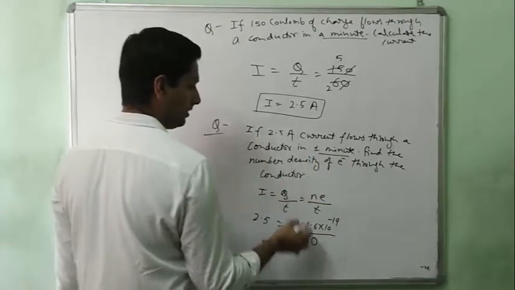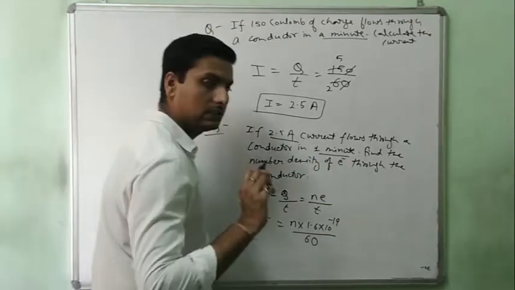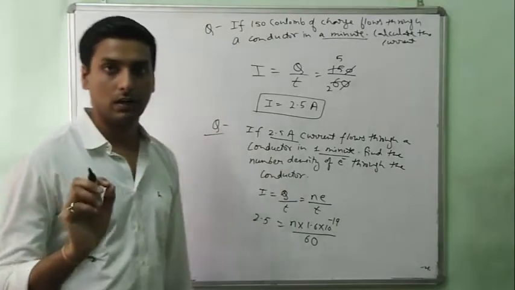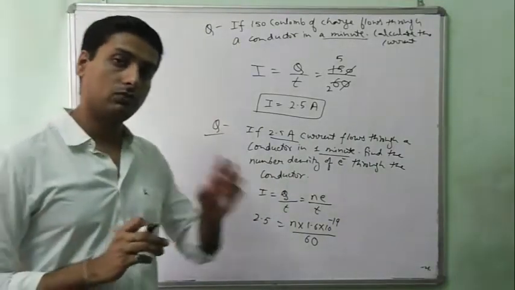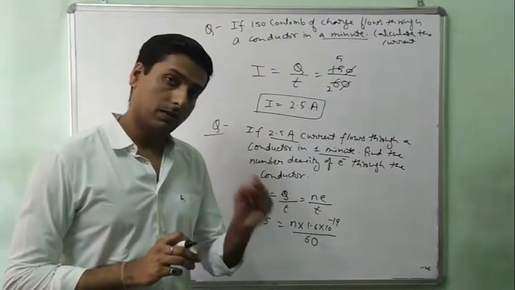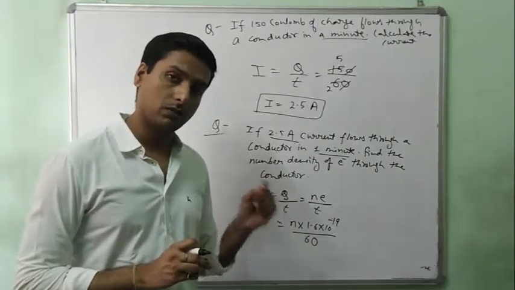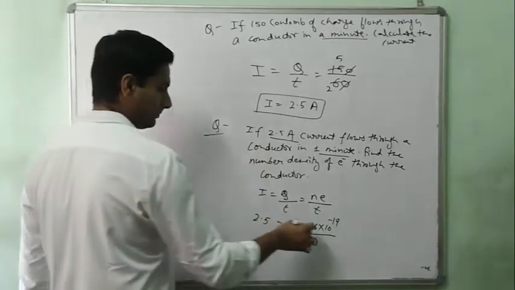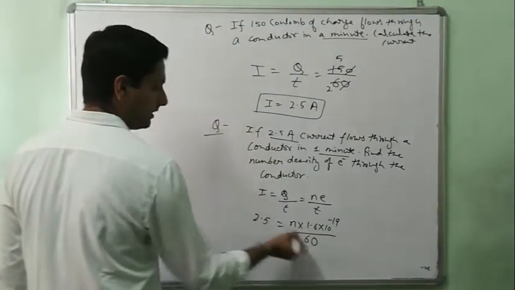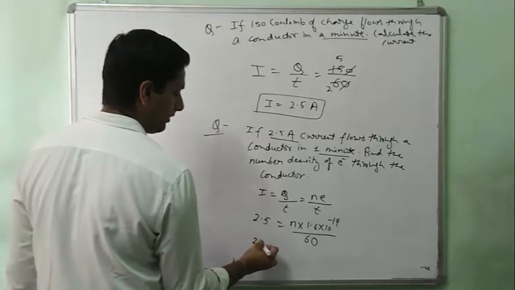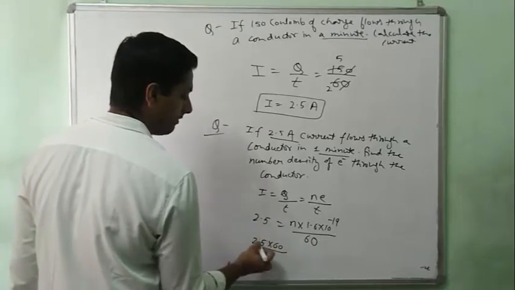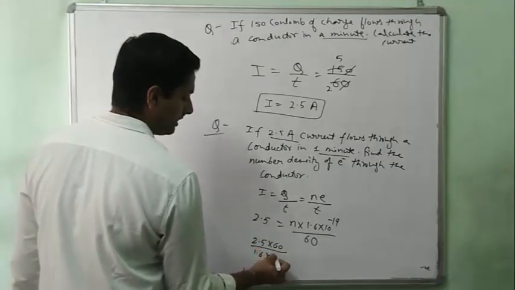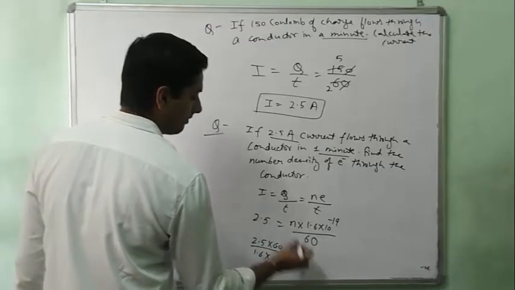Okay, make sure that you always have the right knowledge of the unit. If you have the correct knowledge of the unit, that to which symbol it belongs to or to which quantity it belongs to, you will directly put the values and you will get the answer. Now you can see here that we can solve it by multiplying. So 2.5 into 60 divided by 1.6 into 10 raised to minus 19, that will be your n.